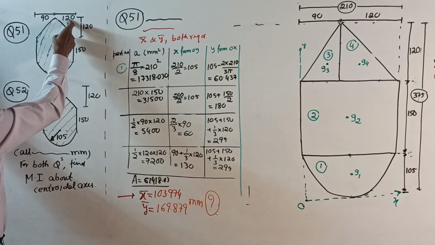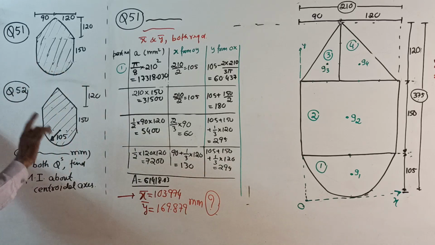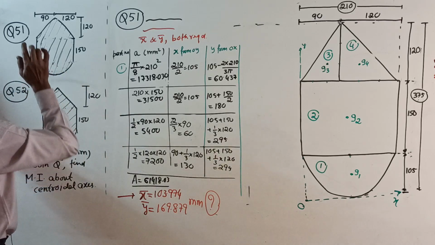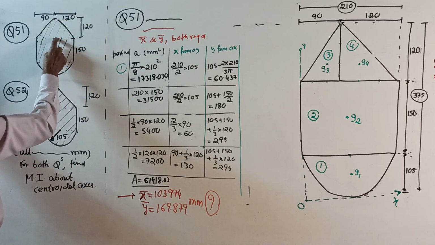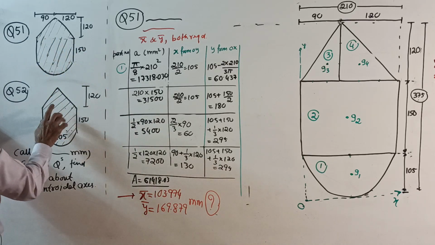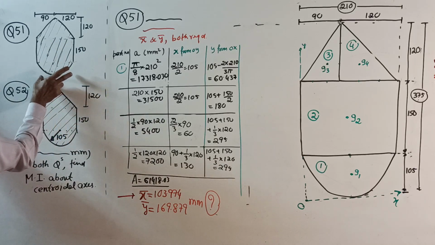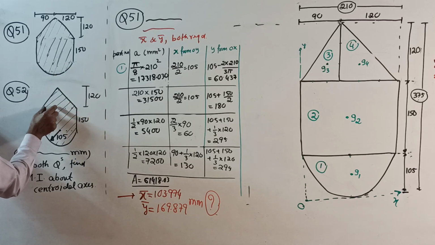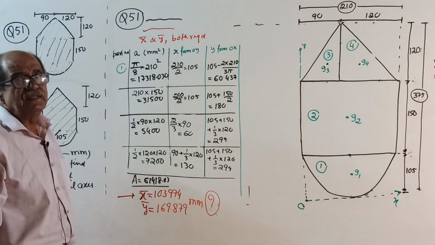Here also 120 plus 90 is once again 210. Everything is the same. The only change is that here this is 90 and this is 120, a little smaller, a little bigger. Here no data is given, so understand that it is a midpoint. If the total is 210, then 105, 105. That is the only change.